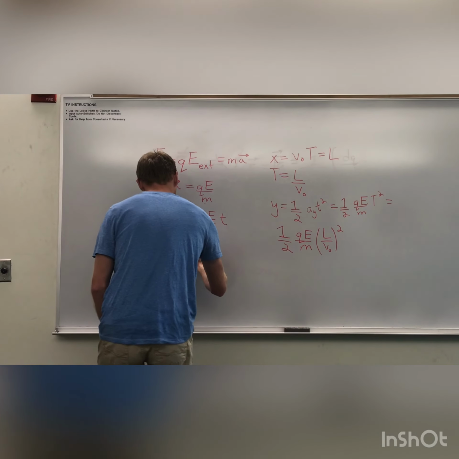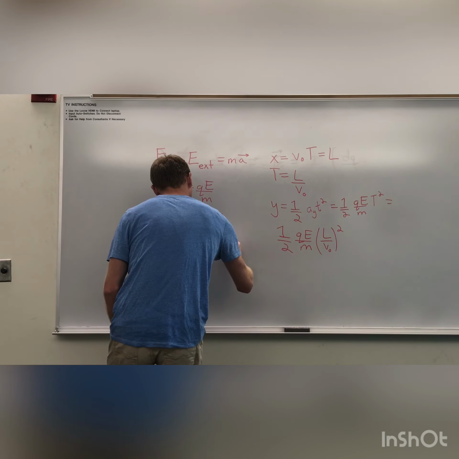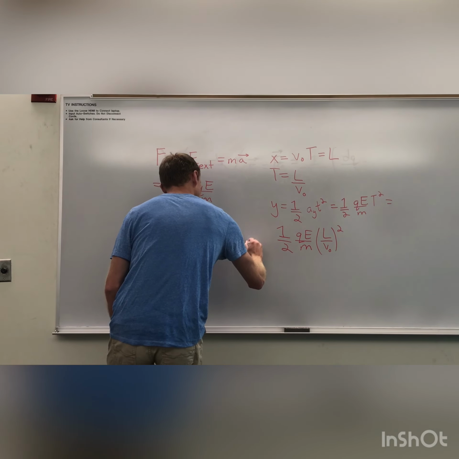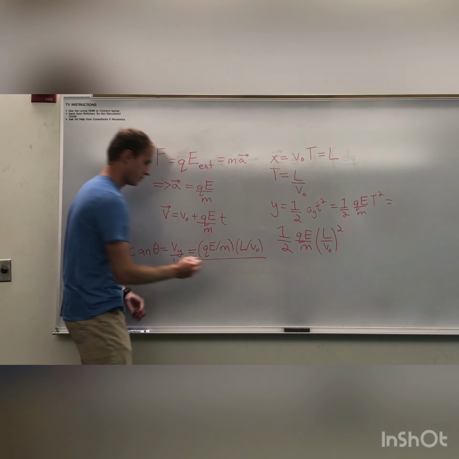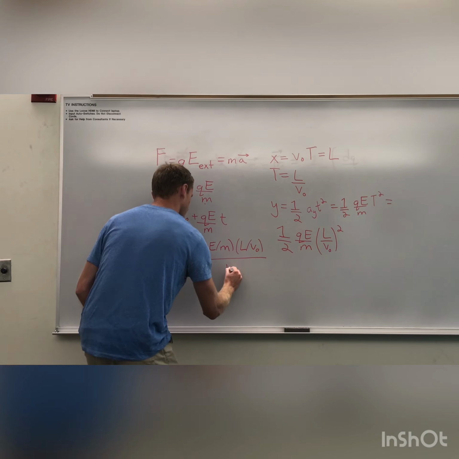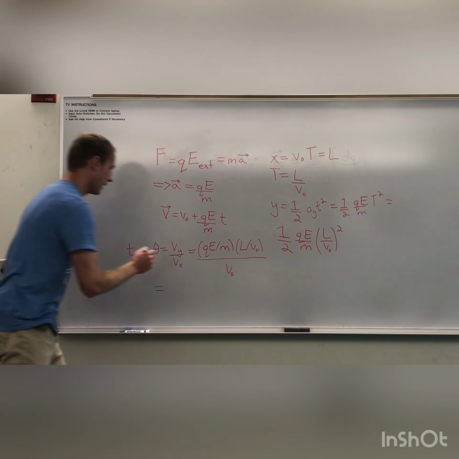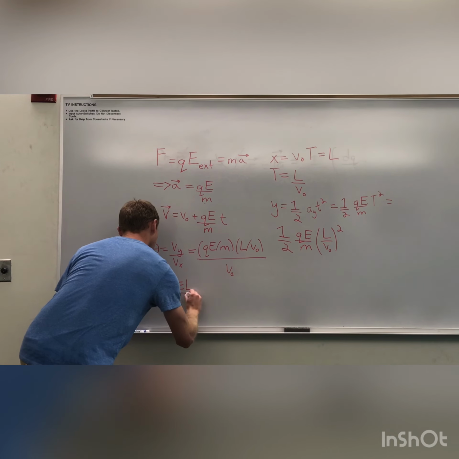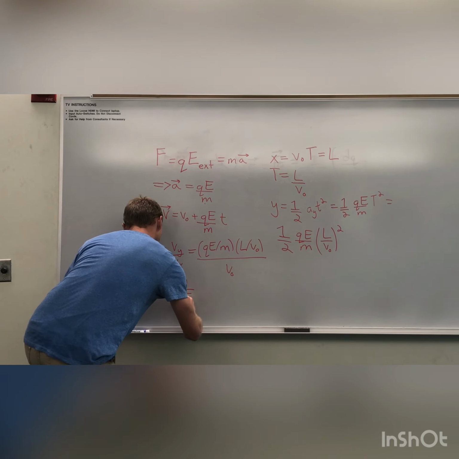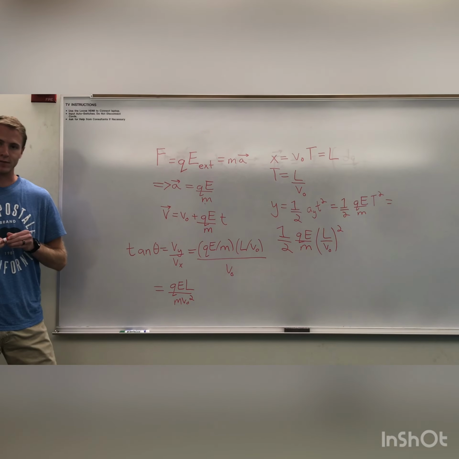We have Q E divided by m and L divided by v naught, all divided by v naught on bottom. And this is going to give us Q E L over m v naught squared. And that's the angle of the charge.